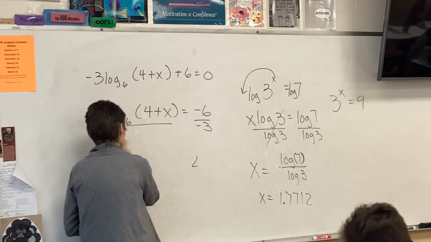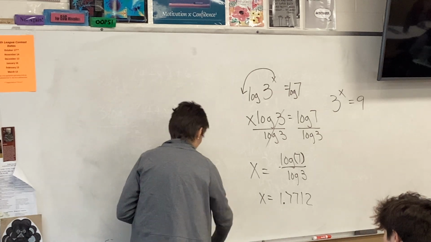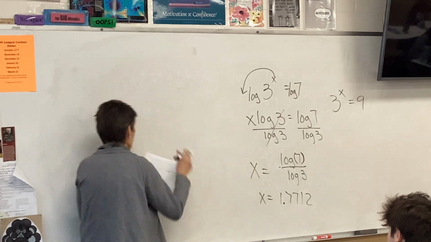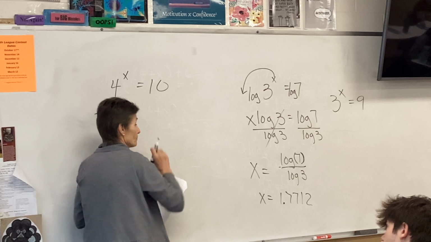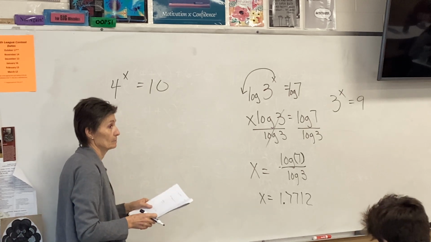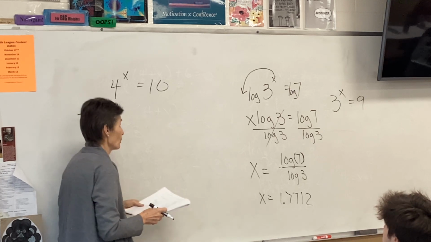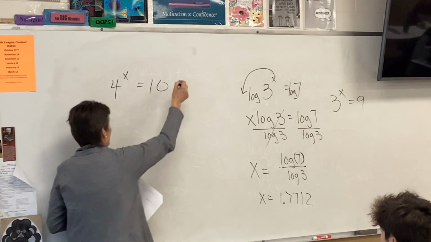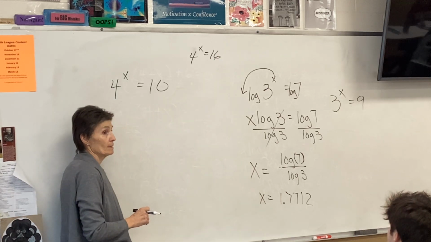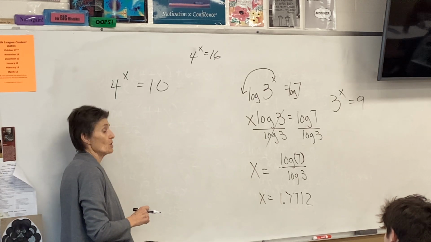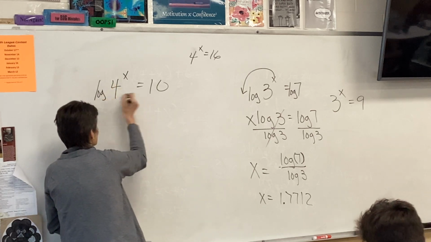Alright, so let's look at the next one. 4 to the x equals 10. It's not like, if we had 4 to the x equals 16, life would be perfect, but that ain't what we have. So we're going to take the logarithm of both sides.